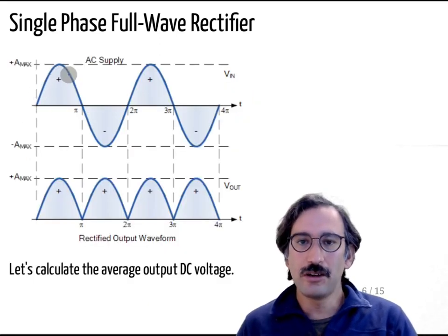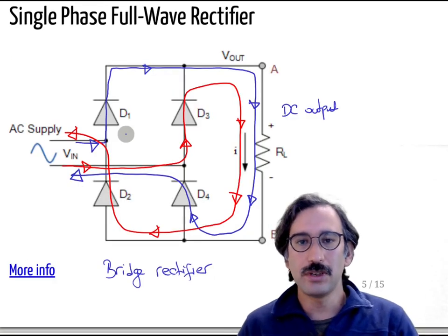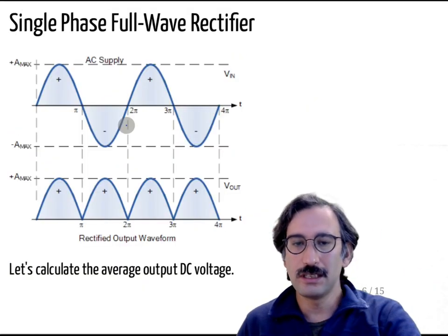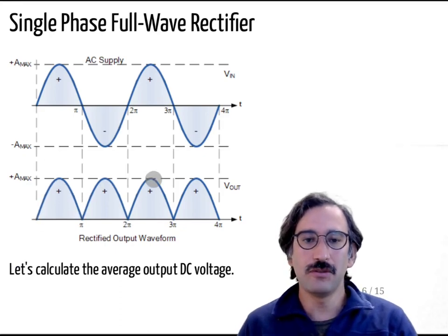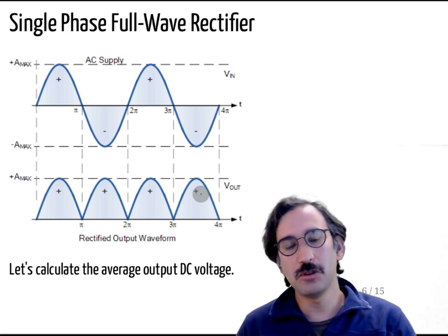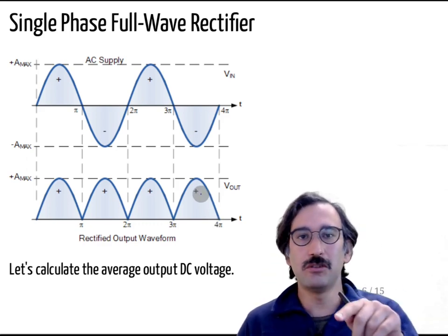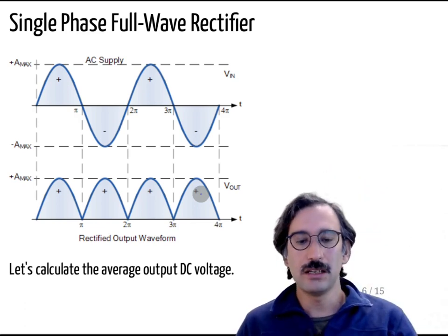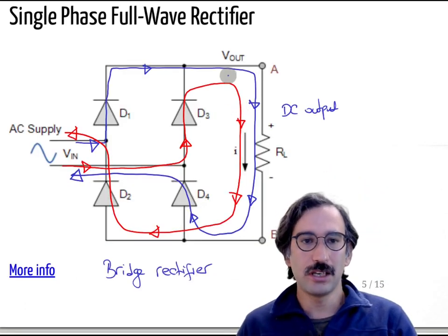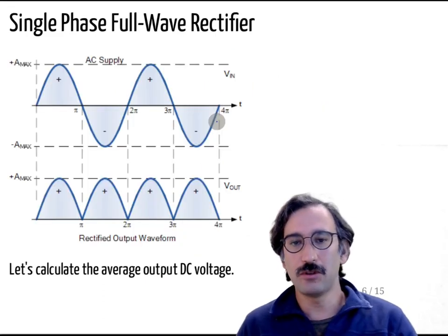So this is our input. Whenever you put it through the diode rectifier, it reverses the negative parts and you have that kind of output waveform. Again, you don't want a DC output that goes to 0 volts and then to the peak, and usually the output voltage can be filtered by connecting a capacitor or an inductor, but we will omit those for now.